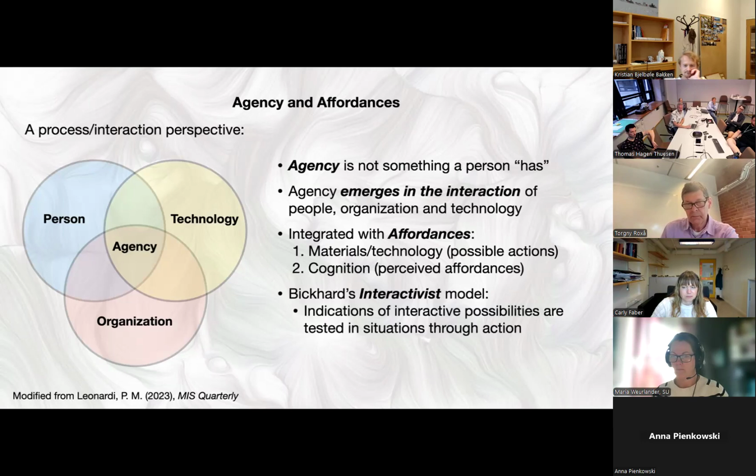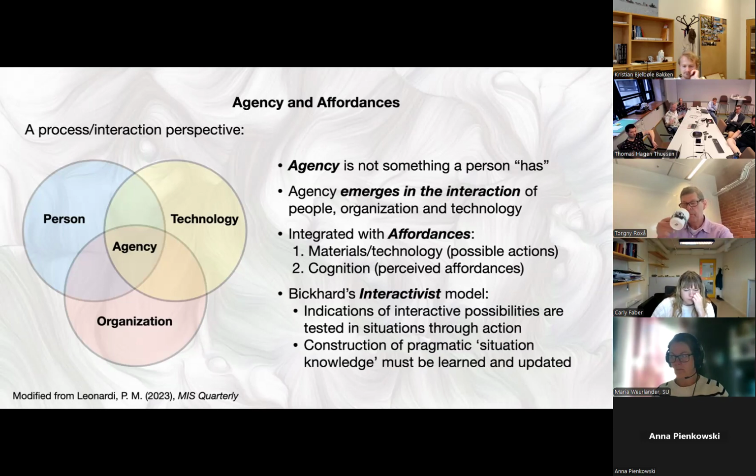So in Bickhard's view, there are indications of interactive possibilities that are always tested in situations through action. And this construction of this pragmatic situation knowledge must be learned, must be constructed, must be updated all the time. And this essentially is a process metaphysically grounded version of affordances that is rooted in action.